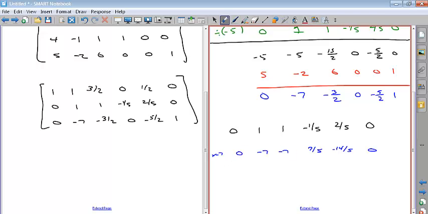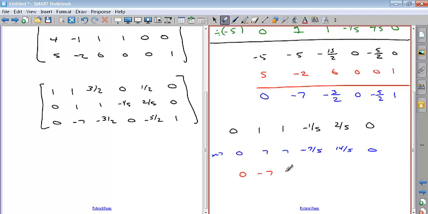And then I'm going to add that to the third row. Actually, you don't need to multiply by -7, just multiply by 7. Let's change the signs here. So this would be negative there. Okay, now I'm going to add it to the third row.